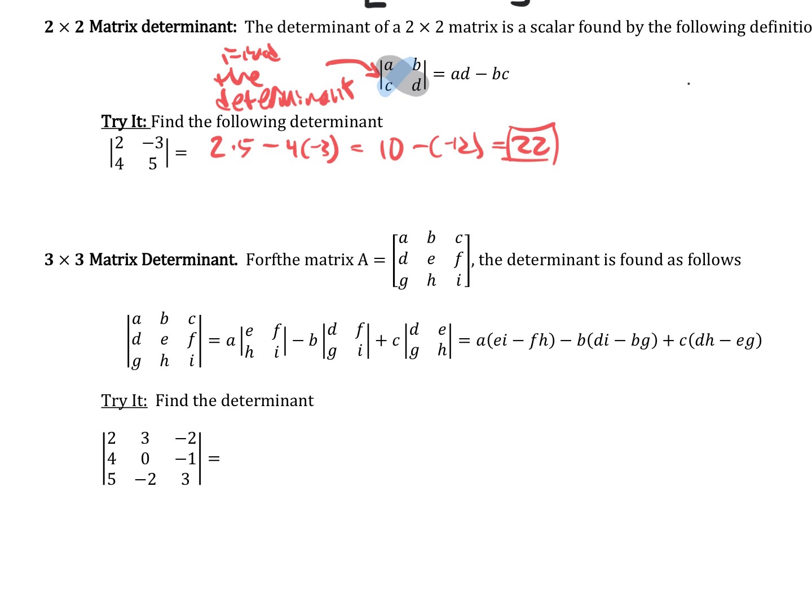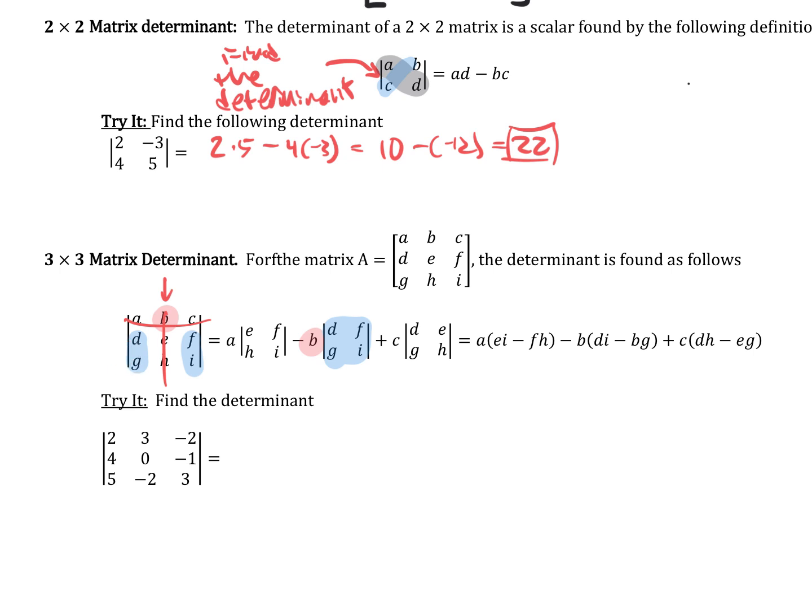See that? Then we're going to take B. See that B there? And we're going to multiply that times the determinant of D, F, G, I. Okay, so we see how we take those leftovers. So the B, we kind of ignore the B row and the B column. By the way, columns are up and down, and rows are horizontal, left and right.